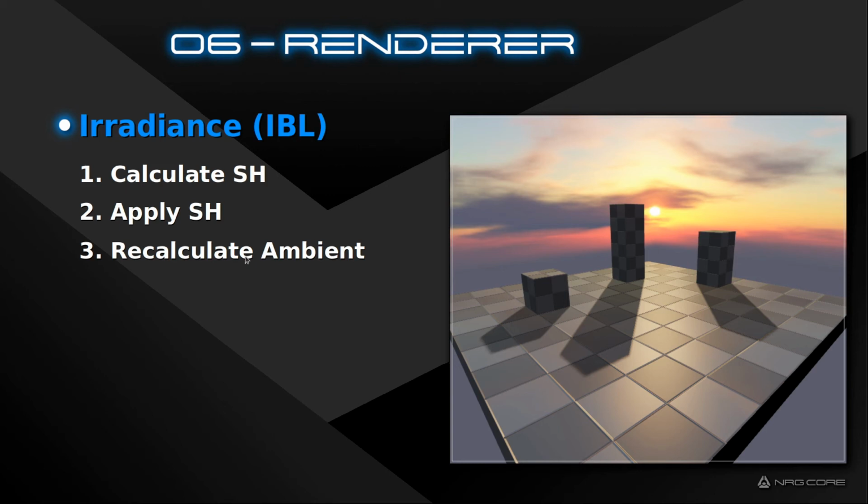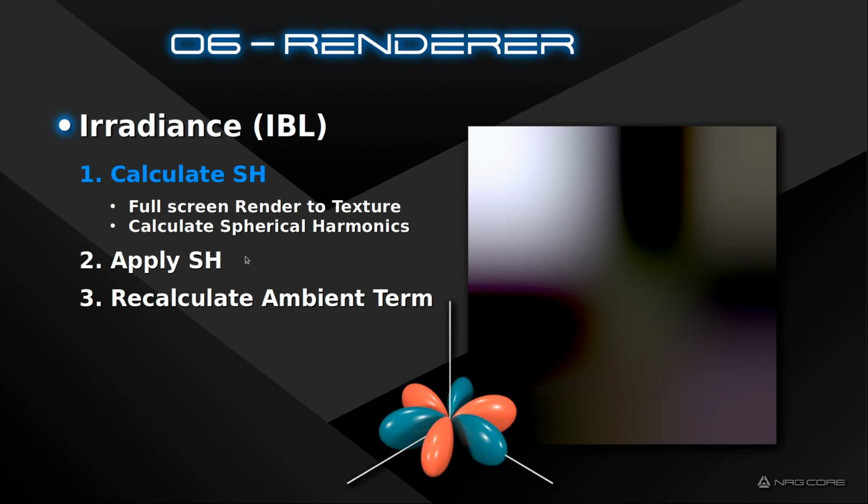To calculate our spherical harmonics, we're going to create a full screen pass off screen that is going to calculate these second degree spherical harmonics using our existing cube map. The result will be a 3 by 3 set of RGB values that, once enhanced, will look pretty much like this.